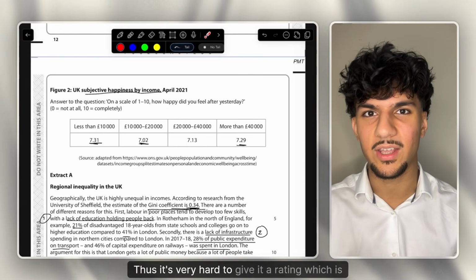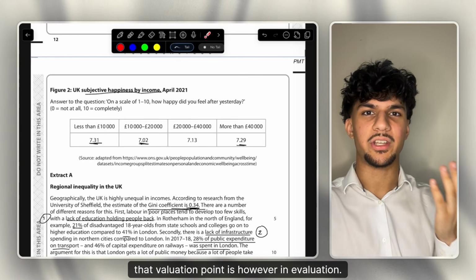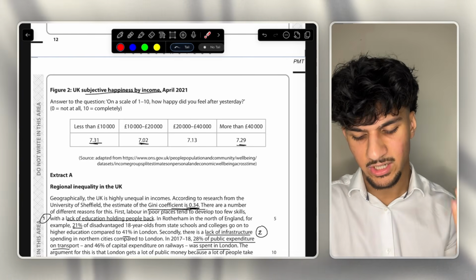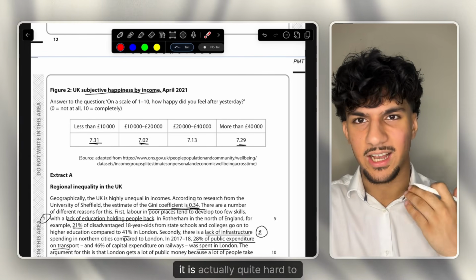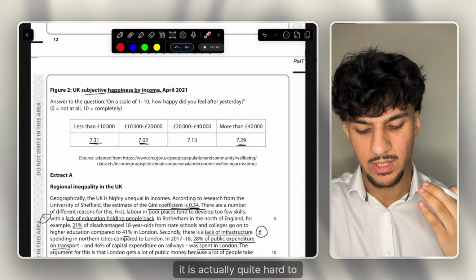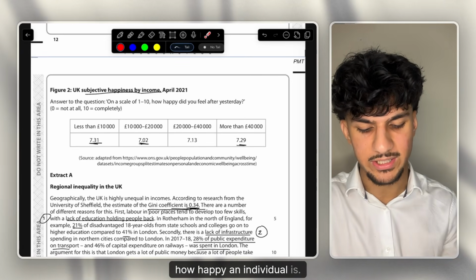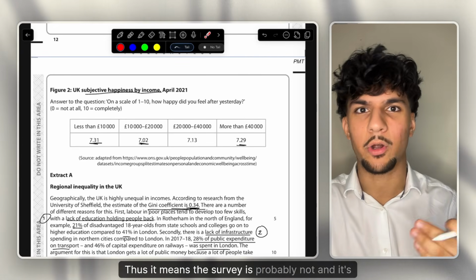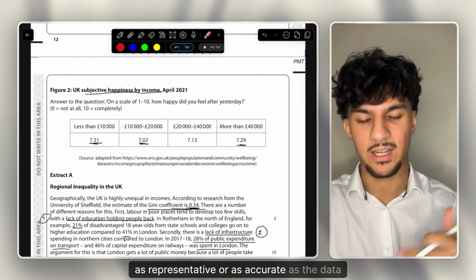Thus, it's very hard to give it a rating which is accurate. So the way to word that evaluation point is, however, in evaluation, this depends on the validity of this survey, as it is actually quite hard to measure in a quantitative way how happy an individual is. Thus, it means the survey is probably not as representative or as accurate as the data shows.